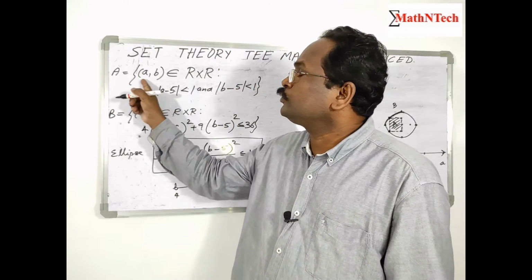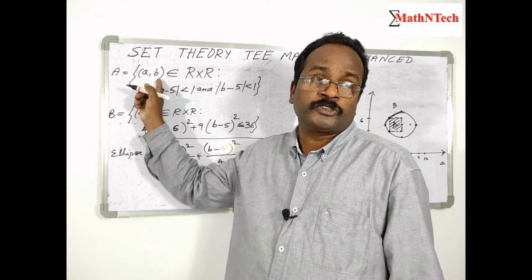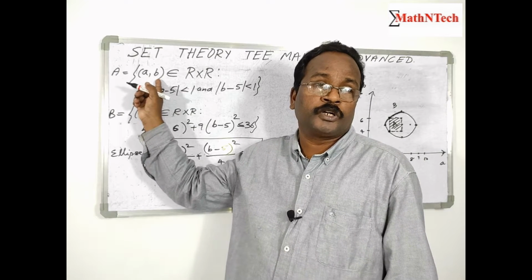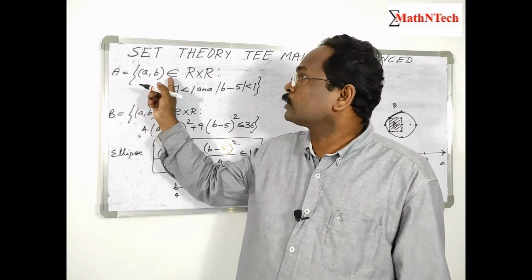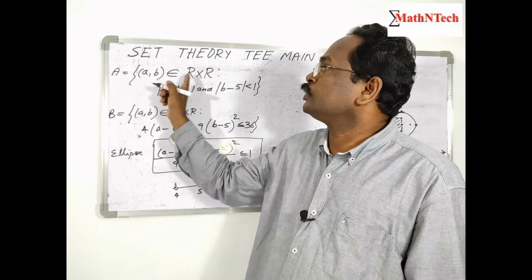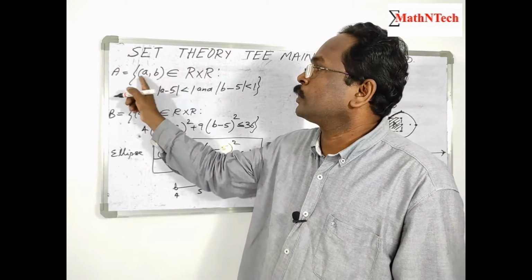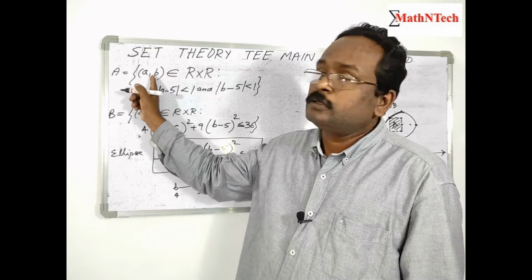A, B the set of all ordered pairs in R cross R. A is a real number, B is a real number, ordered pair (A, B).